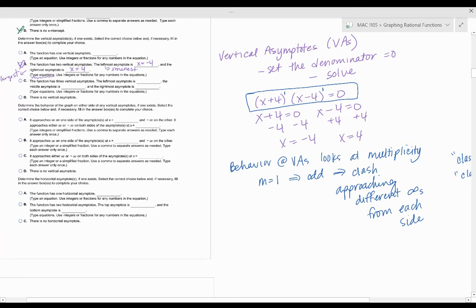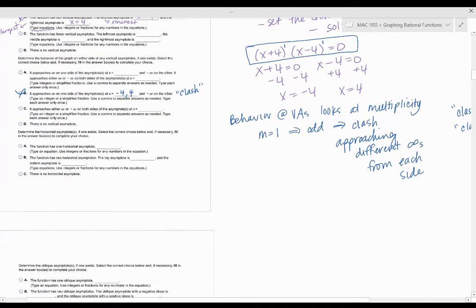Well, A is not right. B, it approaches infinity on one side of the asymptote and negative infinity on the other. That's what we're looking for. That's clashing. So that's our choice. And it's clashing at both of our asymptotes, not just at one. So we can put at negative 4 and 4. Cool. All right, let's move to the next one.